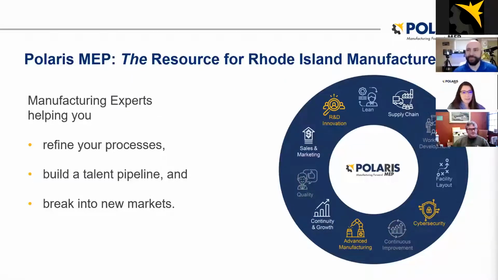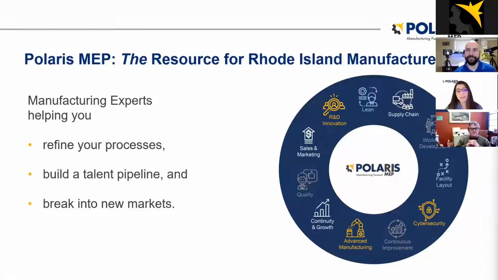Polaris MEP helps our manufacturers with the top line, bottom line, and pipeline. We have many services to support our manufacturers like lean, quality, and facility layout, which are all delivered by our team of experienced manufacturing experts. We also lots of times support our manufacturers in ways that we don't have experts for.